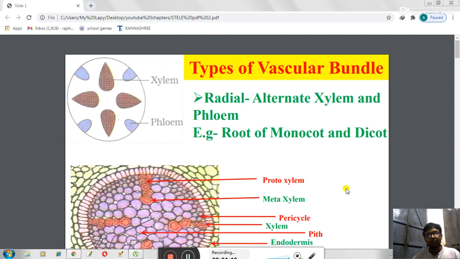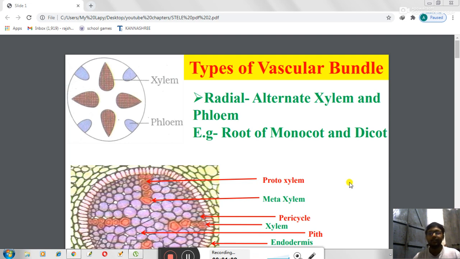What are the functions of the pericycle, protoxylem and metaxylem? What are endarch and exarch, and why are they called so? From where does secondary growth initiate, and from where do the medullary rays develop? All of this we will discuss here.